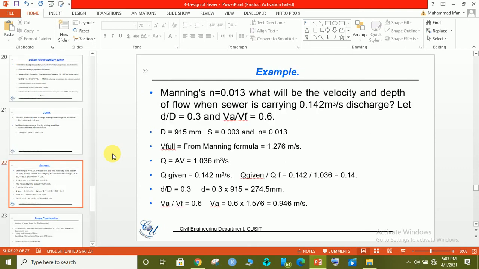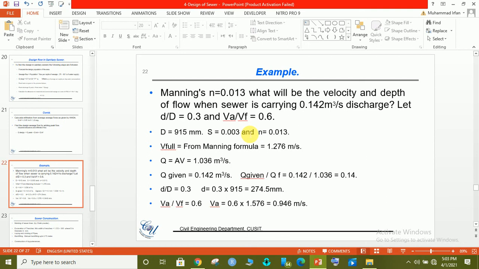You can see this is the example. This example is basically when the sewer pipe is not flowing full. We already discussed this example in the previous lecture, where the diameter is given as 915 millimeter, the slope is 0.003 and n is 0.013. The full velocity is given, so Q is equal to AV.